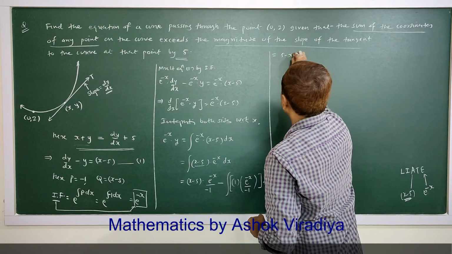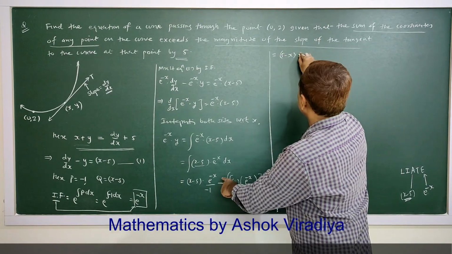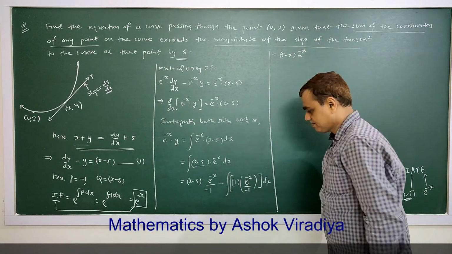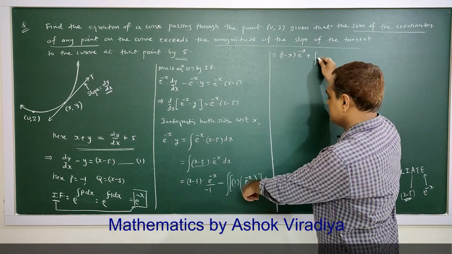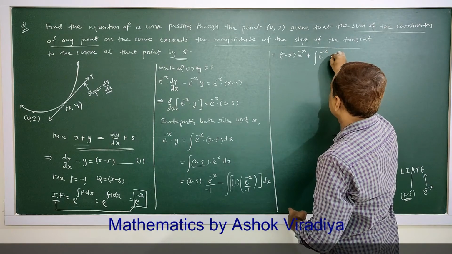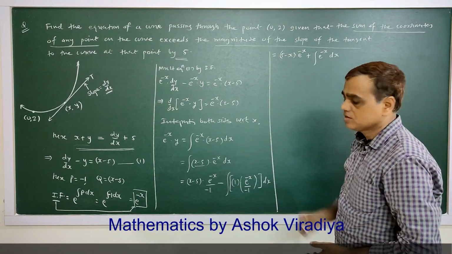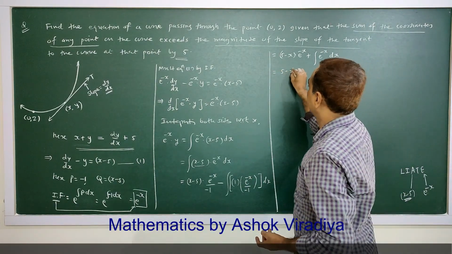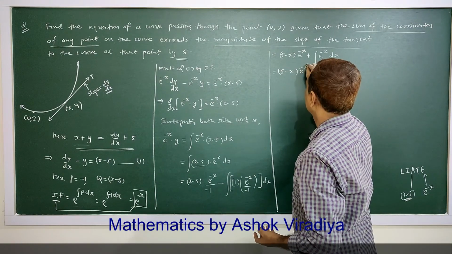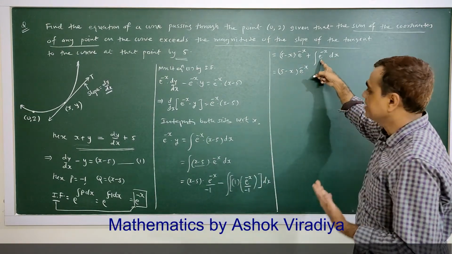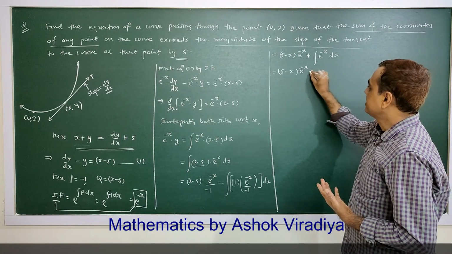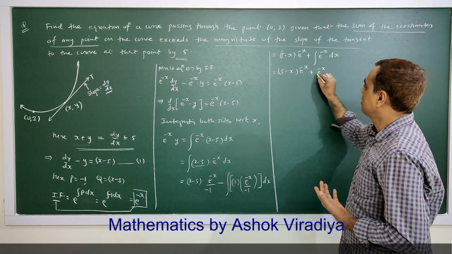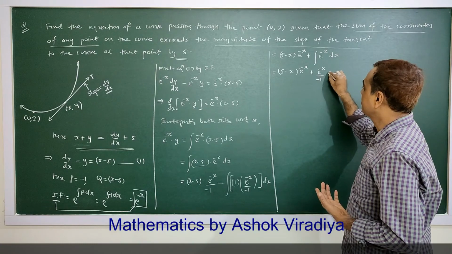So 5 minus x into e raised to minus x, minus minus plus e raised to minus x dx. So it is 5 minus x e raised to minus x, and again its integral is e raised to minus x upon minus 1 plus c.